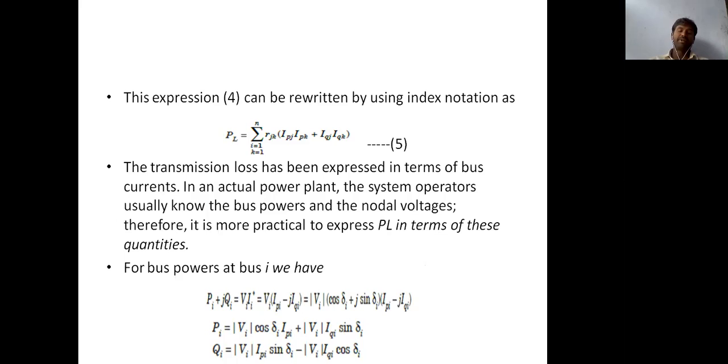Those are the real and imaginary terms separated. Equating the left sides and right sides of the above equations, we separate the terms into real power and reactive power generations.